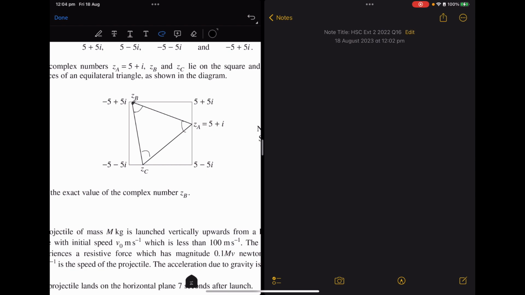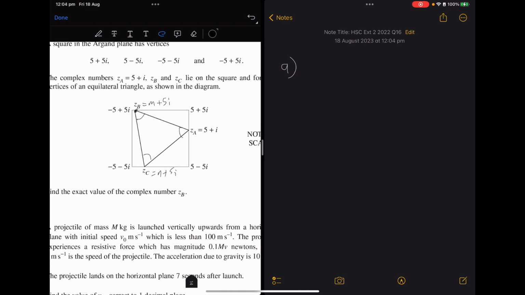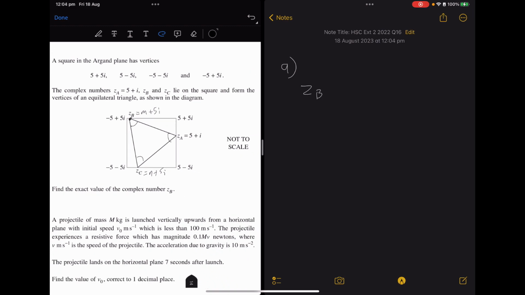So ZB, let's rewrite it as m plus 5i for part A, since we know it lies on the top half of the square, and let's say ZC is equal to n minus 5i, since we know it lies on the bottom. Using these numbers, we can play around with the properties of complex numbers and just see how it goes.